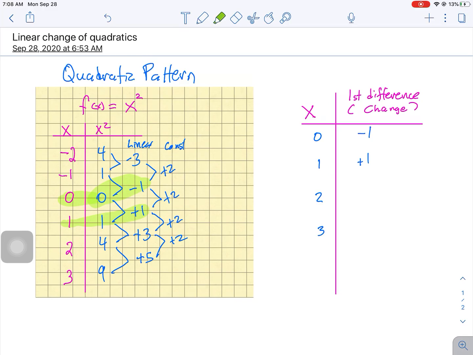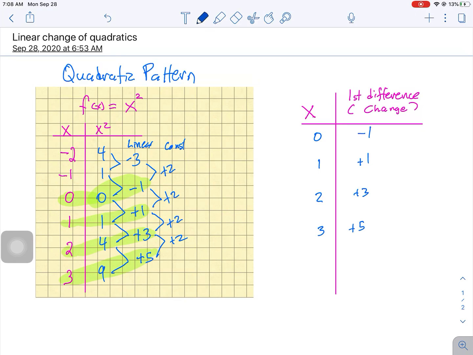And when we go from 1 to 4, we can see that the change is plus 3. And when we go from 4 to 9, we can see that the linear change is plus 5.